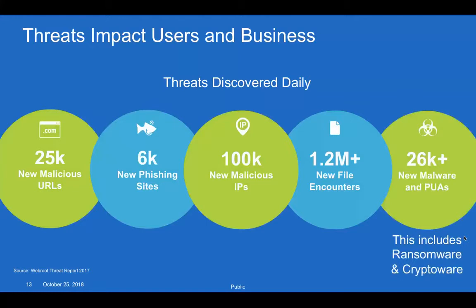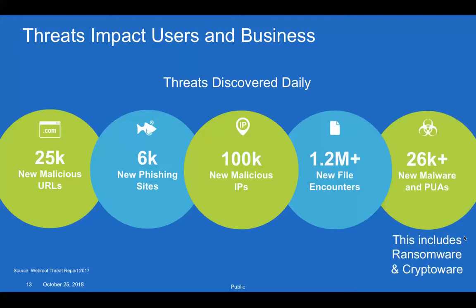The threats associated with the internet are incredibly dynamic, and Webroot is one of the only providers that provides the most dynamic data out there. In other words, our data is the most up-to-date. If you're thinking about 100,000 new malicious IPs that are discovered every day, as in the center of this slide, or the 25,000 new malicious URLs, et cetera, all of those are being identified by Webroot BrightCloud at lightning fast speed.